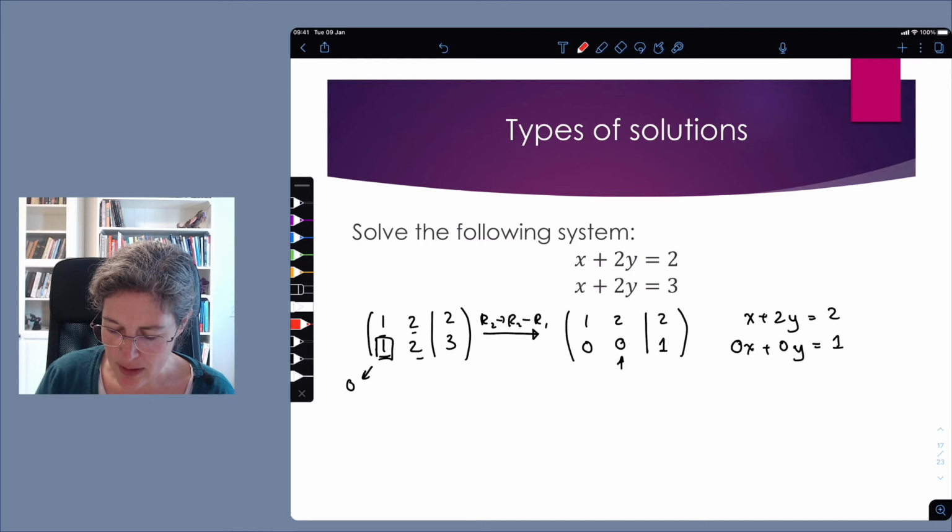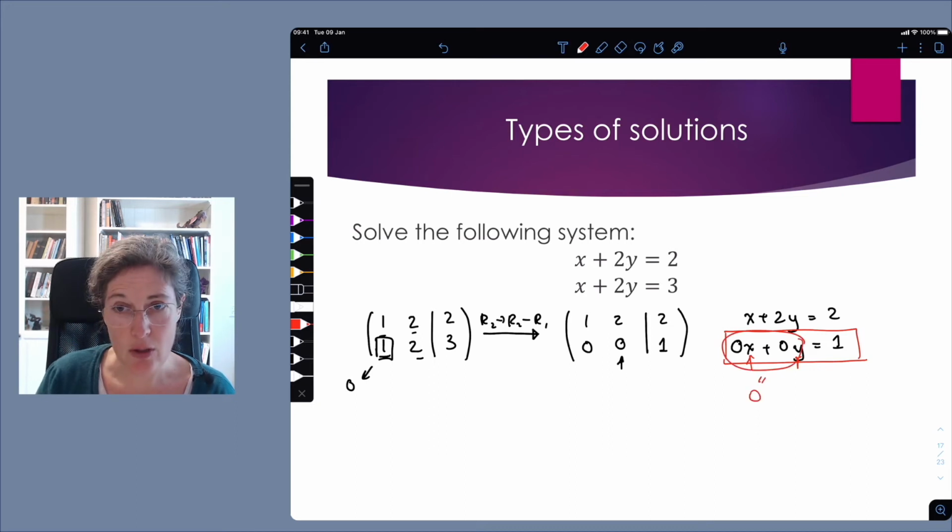We can't have this because no matter what x is and no matter what y is, this side is always equal to 0, in which case it's never equal to 1. So what this is telling us is that for this pair of equations, there's no solution.